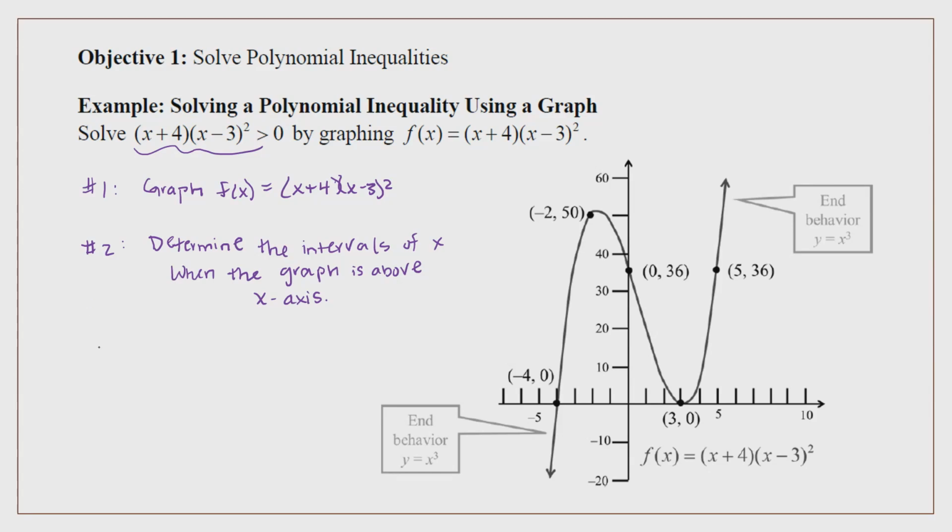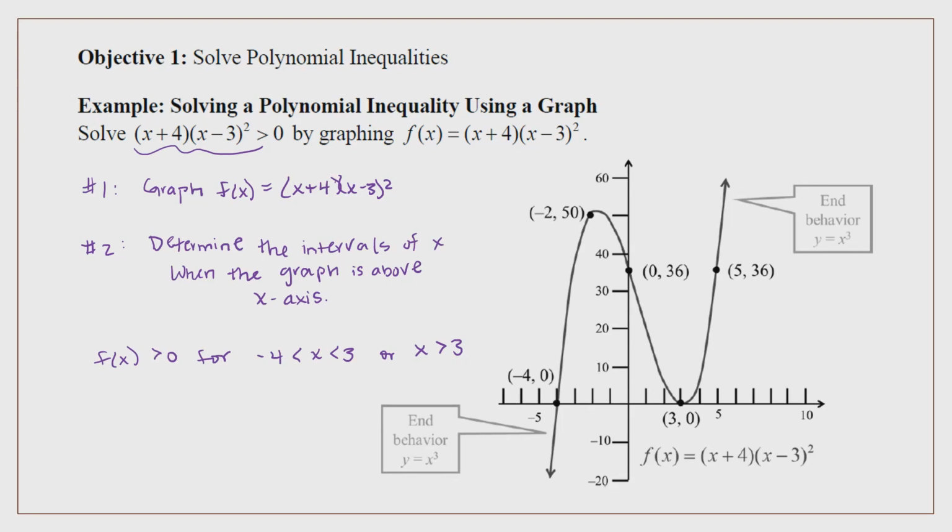So f of x is greater than 0 for all values of x between -4 and 3, or x is greater than 3. Because at the point 3, we lie on the x-axis and we want everything greater than 0, so 3 in itself cannot be a solution.